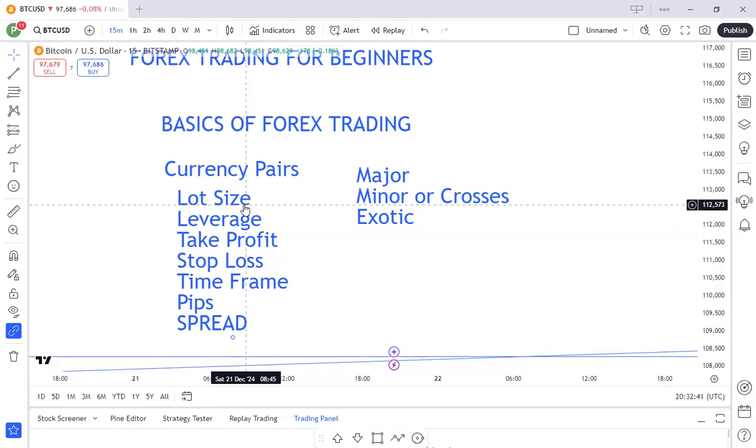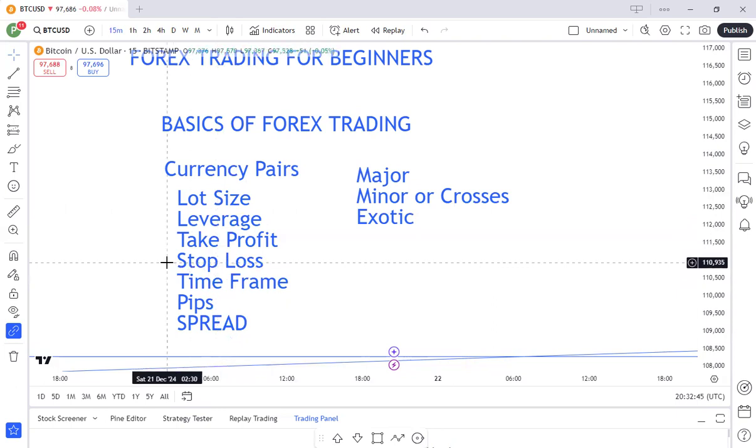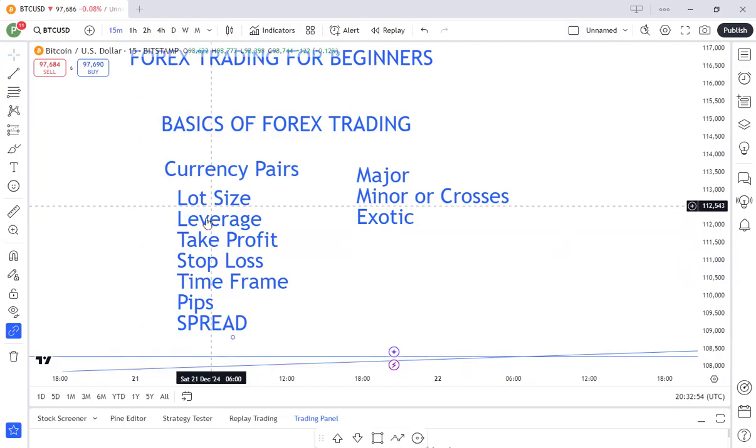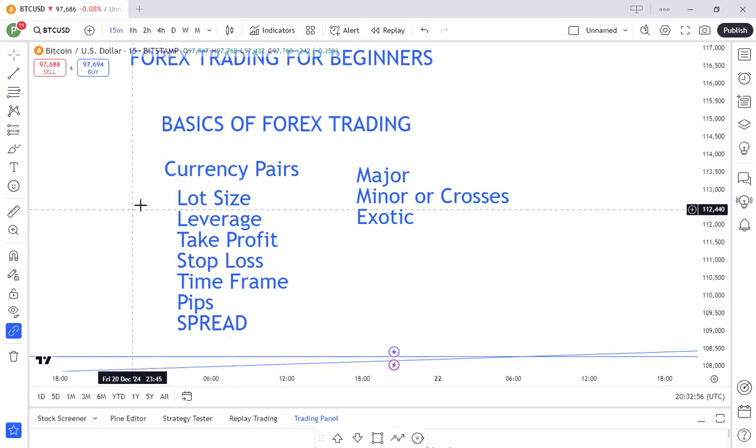Your lot size and stop loss work hand in hand. If you want to minimize your risk, you need to keep your stop loss in line with your lot size.